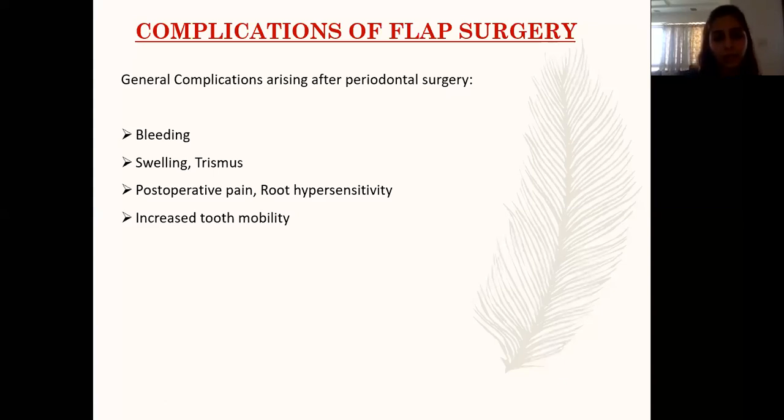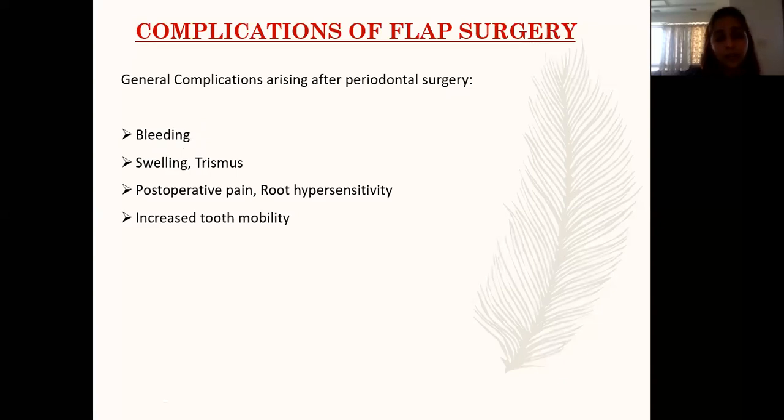A little know-how on the complications. So general complications could be, yes, there could be bleeding. Here you ought to know what would be the causes of immediate post-operative bleeding, what is reactionary bleeding, when would there be delayed bleeding, and how would you manage that. Swelling could be an inflammatory response to the procedure that you have performed, leading to trismus.